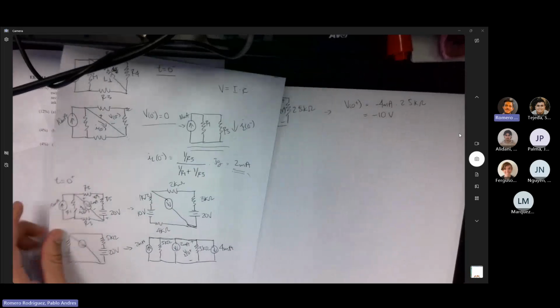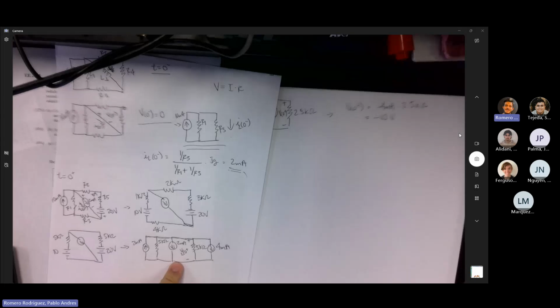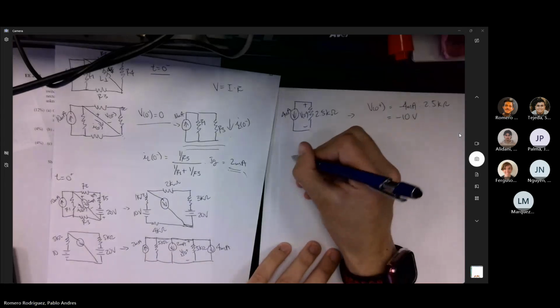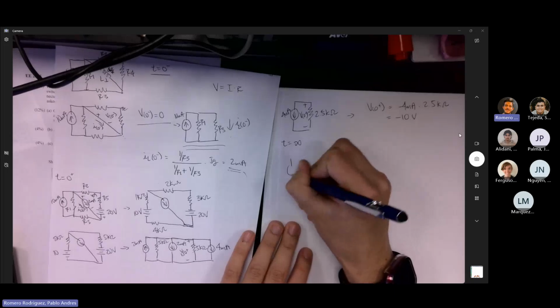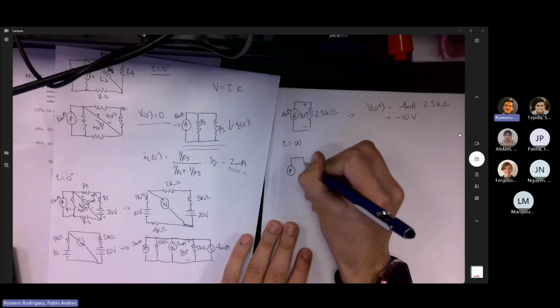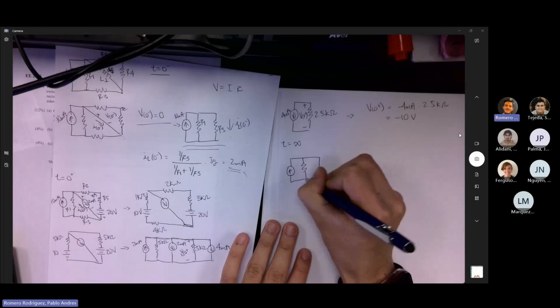So we can grab this same topology. Actually, let's grab this one since it's already simplified. So t equals infinity. We're going to have that, just a short now.